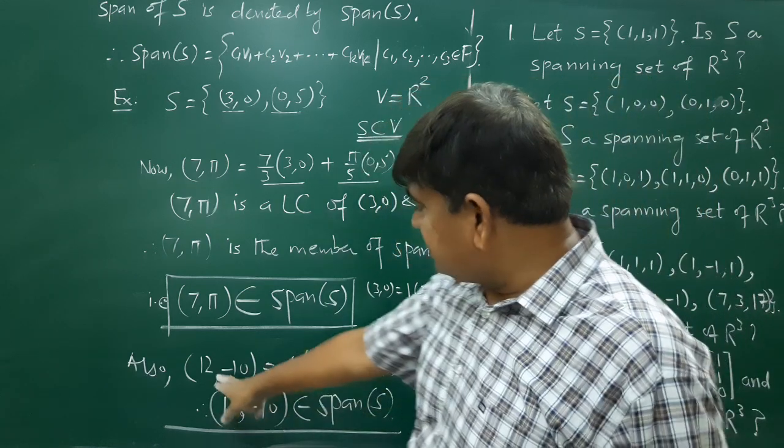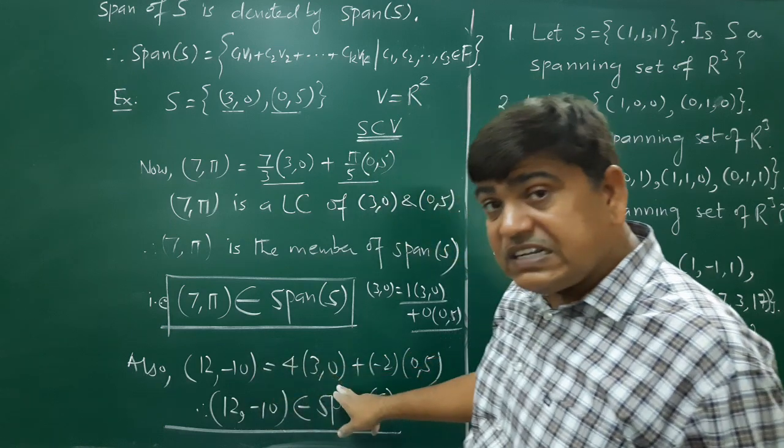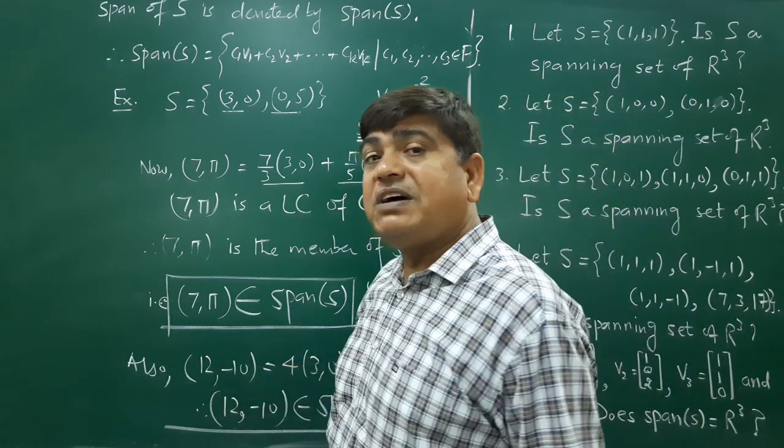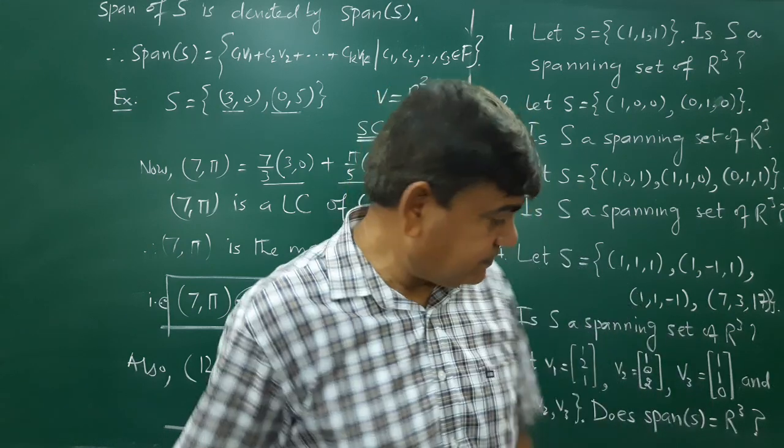If 12 comma minus 10 is written as a linear combination of 3 0 and 0 5, then 12 comma minus 10 will be in the span of this.